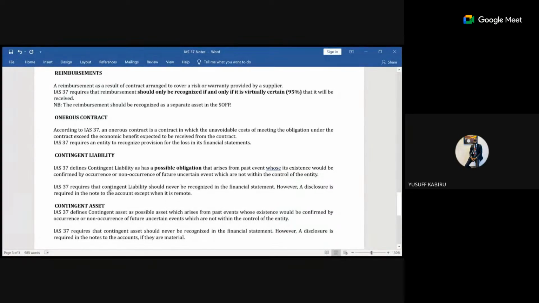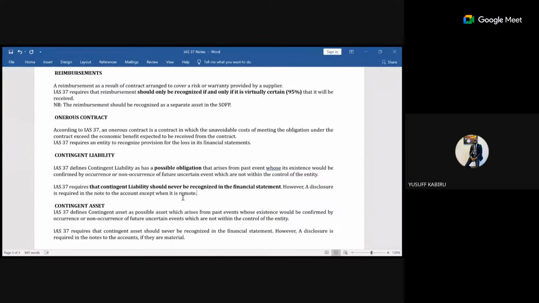Never and never. However, a disclosure is required in the financial statement. You should disclose it to the users of financial statements, except when it is remote. The standard says when it is remote, please ignore it. But when it is material, you disclose it.